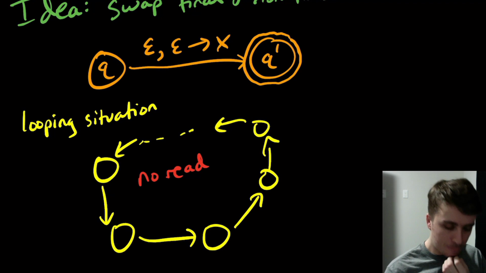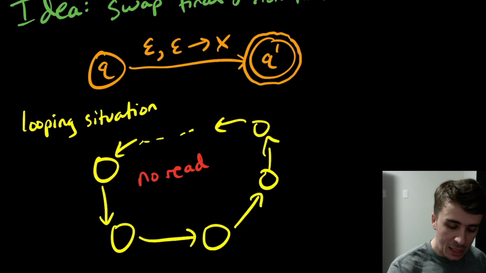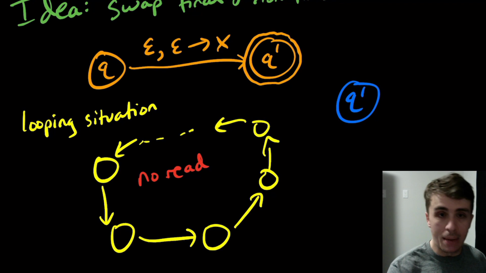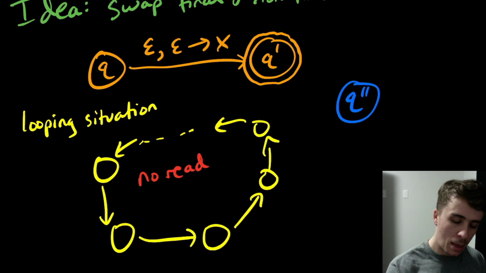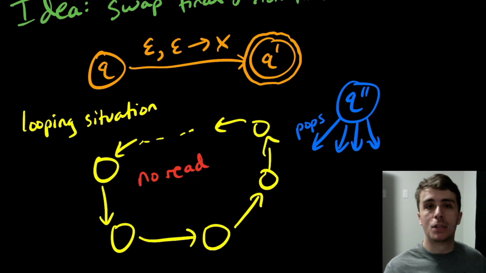So that could possibly happen. Another thing that can happen along these lines is if we have a state, let's say Q prime here, or maybe I'll make it double prime, and let's say that each transition coming out of it pops. What if we enter this state right here and we have nothing on the stack whatsoever?